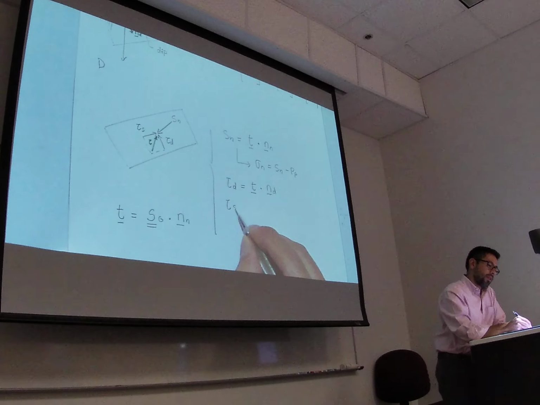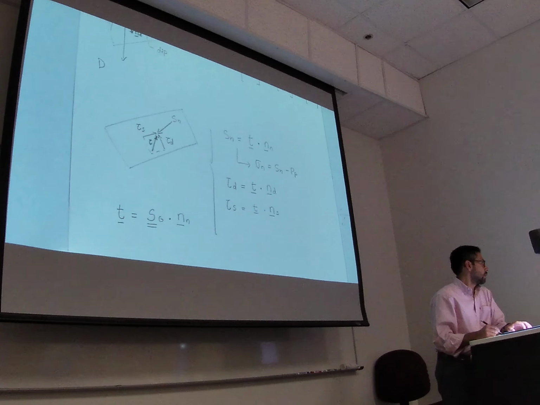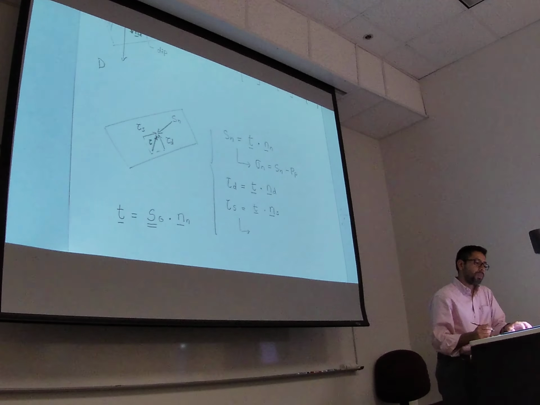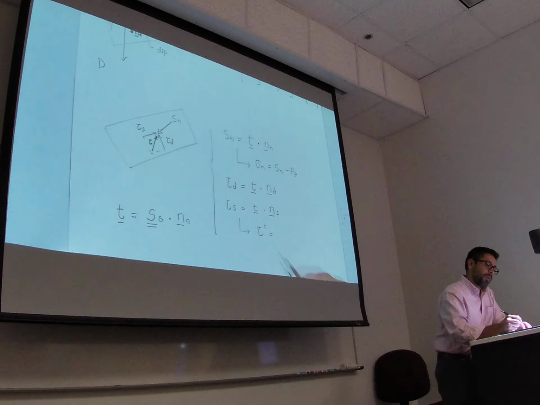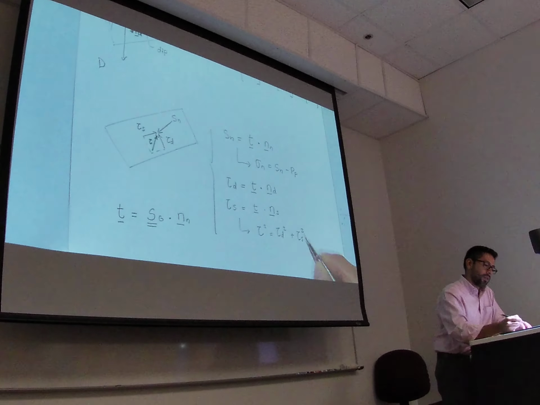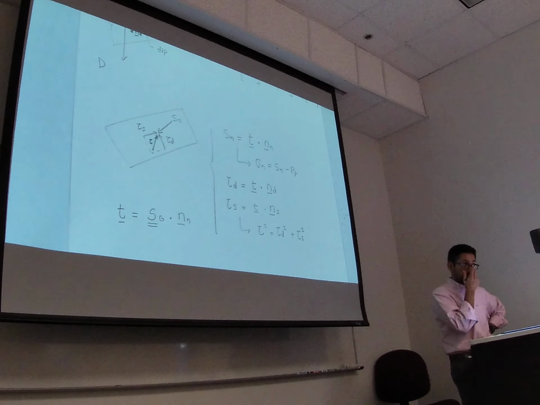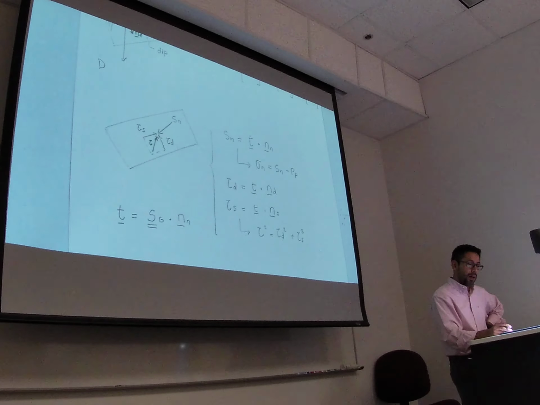And tau s is going to be T times Ns. And from here also, if you wanted to compute what is the total tau, the numerical value is going to depend on tau d and tau s through the Pythagoras equation, because it's a vectorial summation.